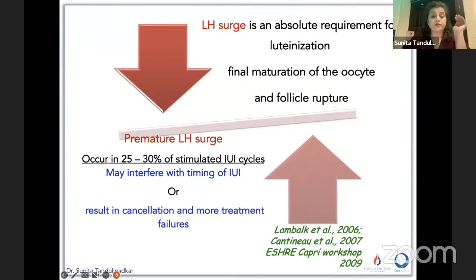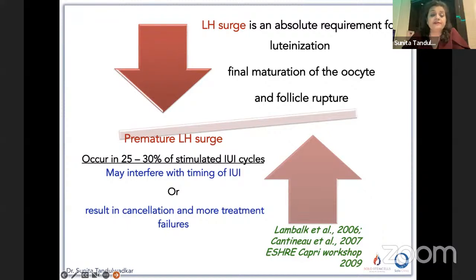Remember one important thing. The body can also give an LH surge; you may not give it from outside the body. Now, why does the LH surge happen? Whenever an estradiol value of more than 250 remains in the body for more than 52 hours, there will be an LH surge.